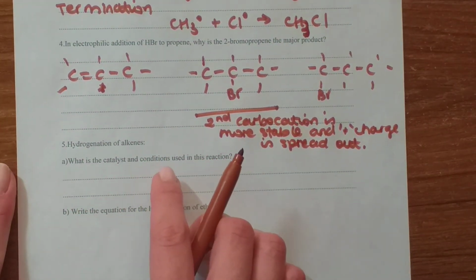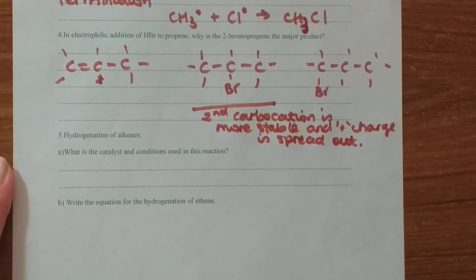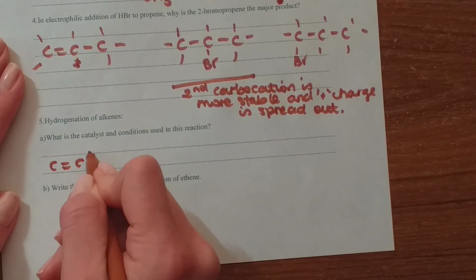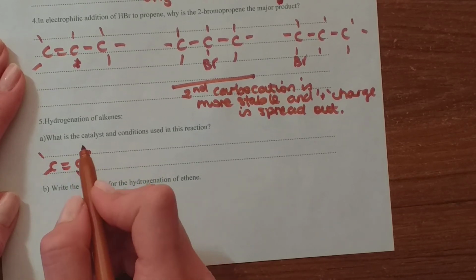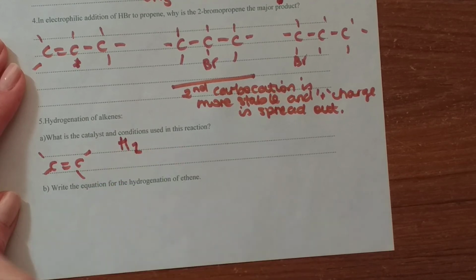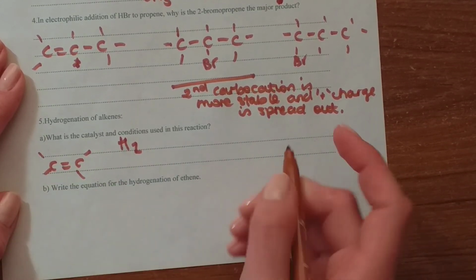Hydrogenation of alkenes. What is the catalyst and conditions used in this reaction? So, hydrogenation of alkenes is basically if you had an alkene, for example an ethene, hydrogenation would be adding the hydrogen molecule for it to be no longer an ethene but an ethane.